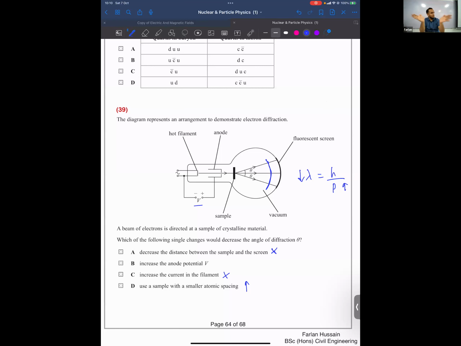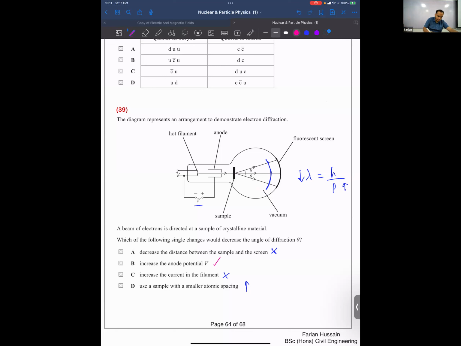The diffraction will be noticeable if the wavelength is approximately equal to the aperture width. Can you remember this from your A levels? Okay. So if the atomic spacing is less, the diffraction will be more. It will be more diffracted. So actually it has to be B.